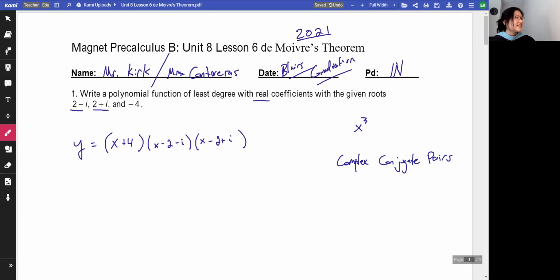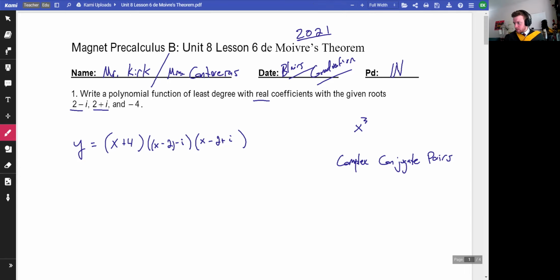Anyways, how do you want to distribute this thing? So these are 2 trinomials, right? I don't want to deal with distributing two trinomials. What do we get, like 6 terms? Can we group this so that it's really only 2 terms? We could group the 2 minus i's.